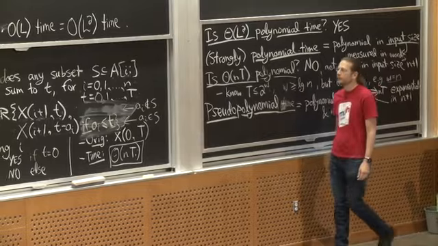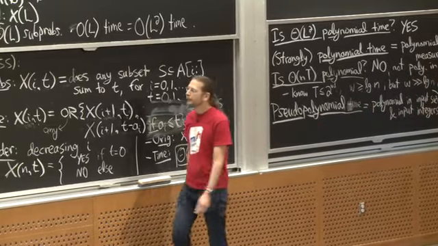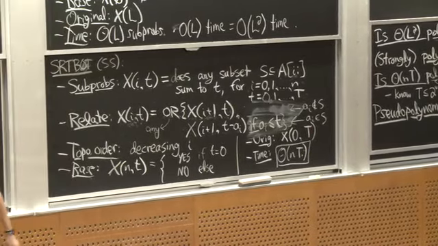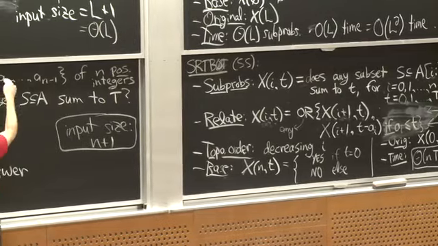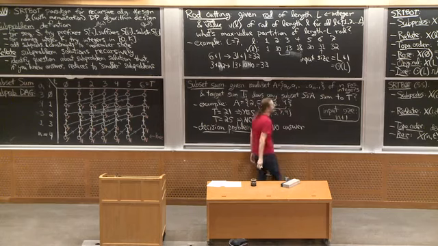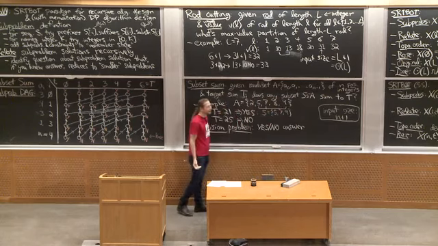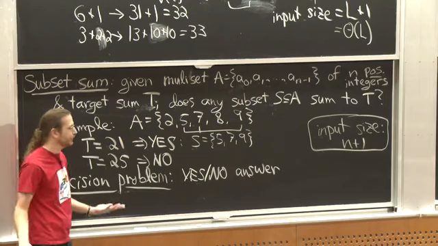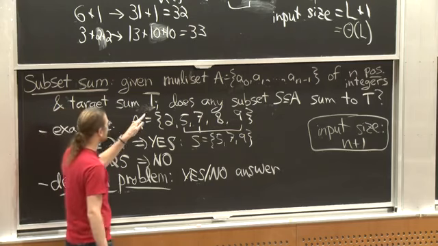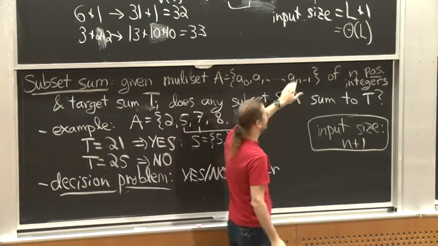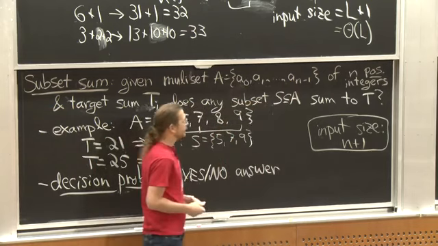So in this problem, the input integers are capital T and a0, a1, up to an minus 1. So what we want now is a polynomial, or what some people call a multinomial, where our variables are all of these integers.